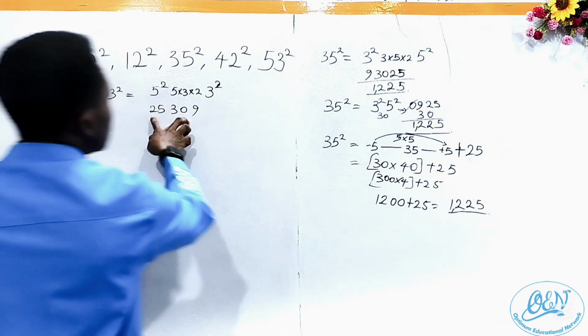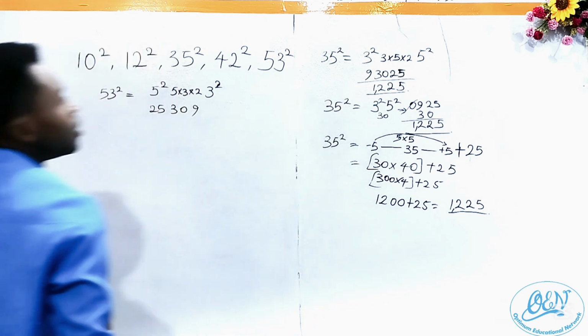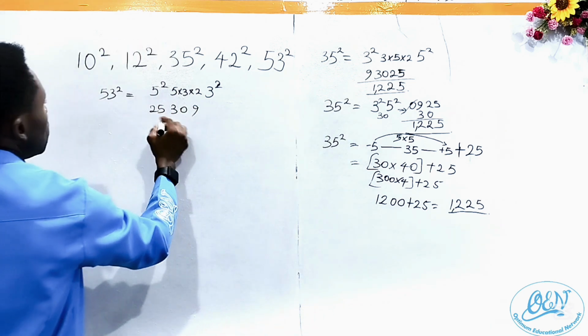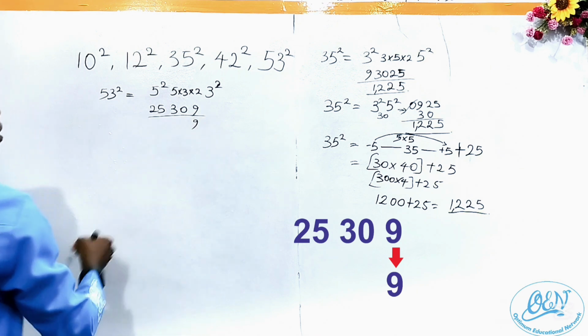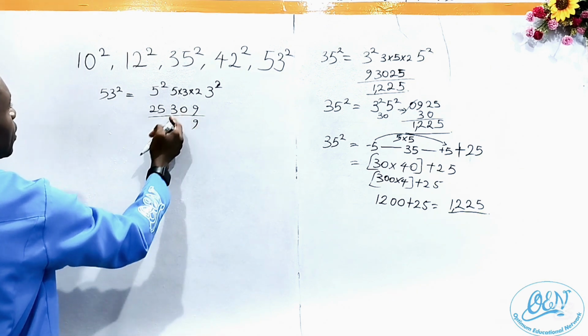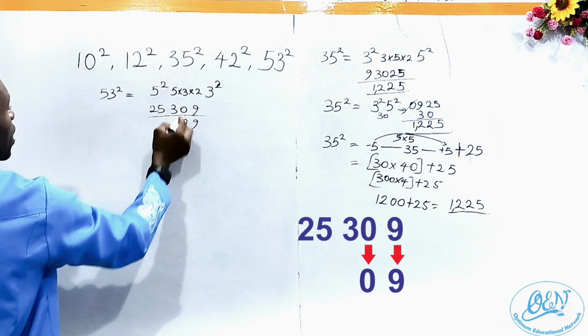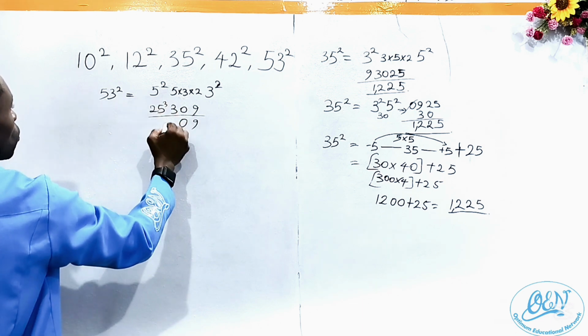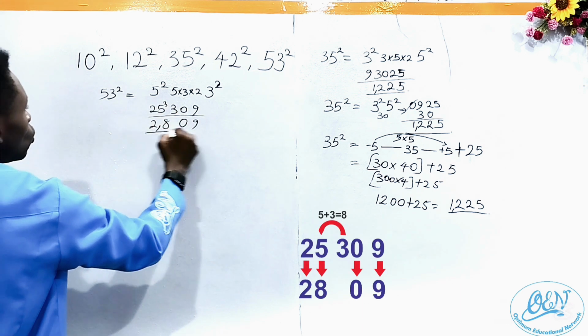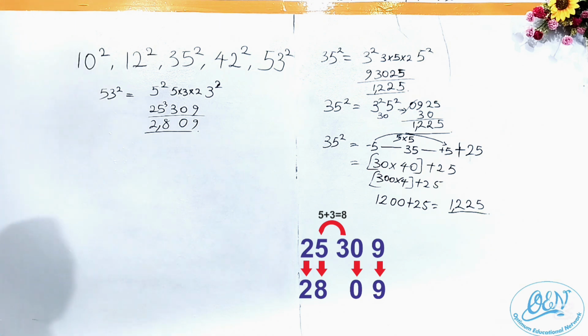So now we're going to have 9. So this is 30 now. So we're going to have 0, move 3 here. So I have 5 plus 3 is 8 and 2. So this is the square of 53.